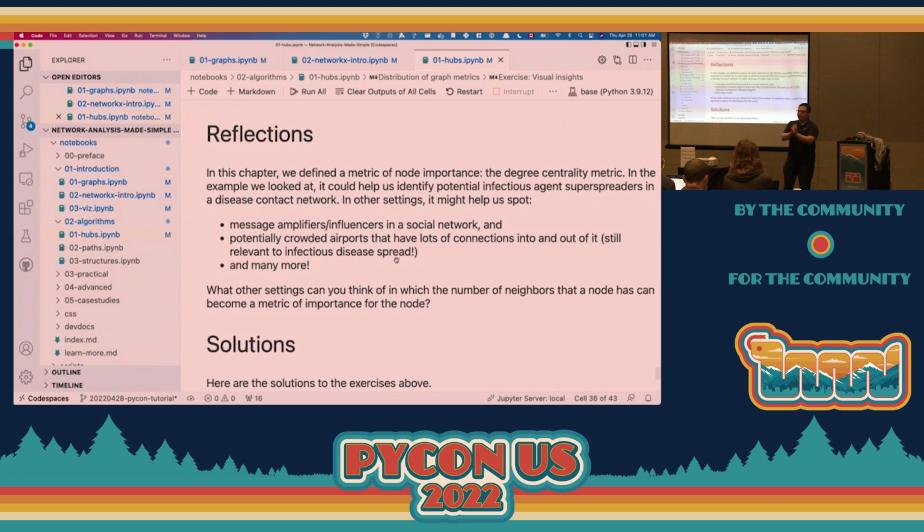If you're trying to amplify a message through social media, you want to get through to the celebrities on social media who are connected to lots of people. If you're trying to find the super spreaders in a network, as was done, for example, during the HIV spread in the 1990s, super spreaders were identified by looking at who had the most contacts with other people, right? This is another application of the degree centrality metric, or the number of neighbors inside a graph. So this is, again, the first one.